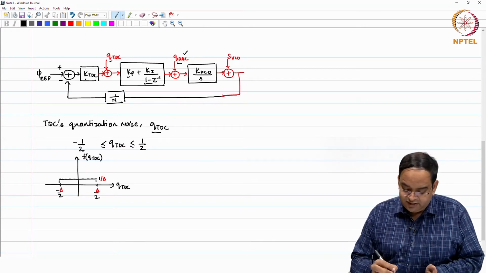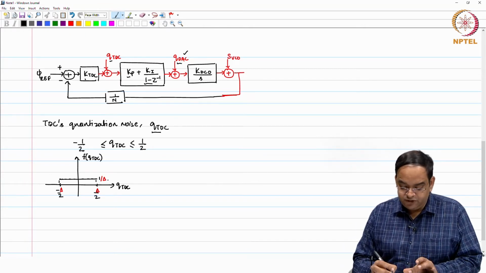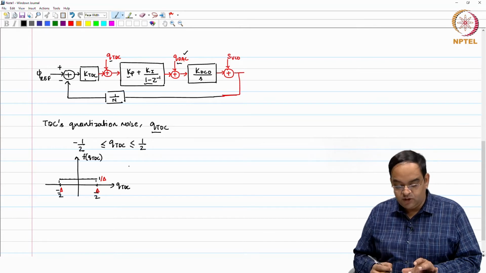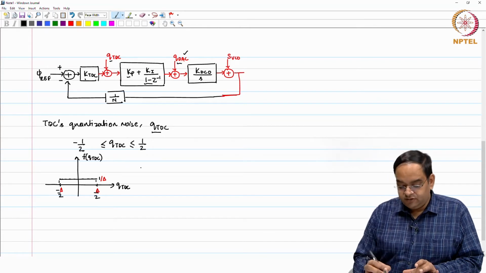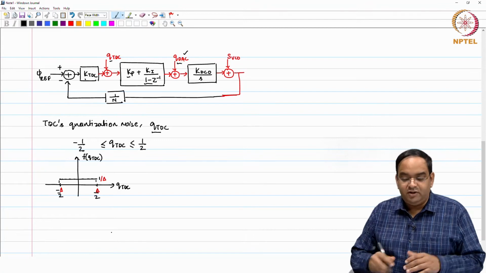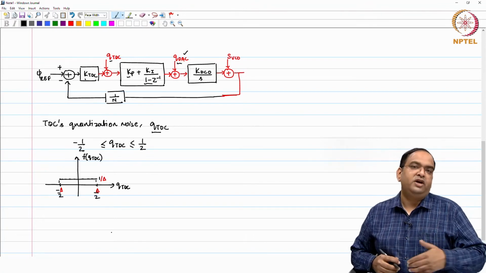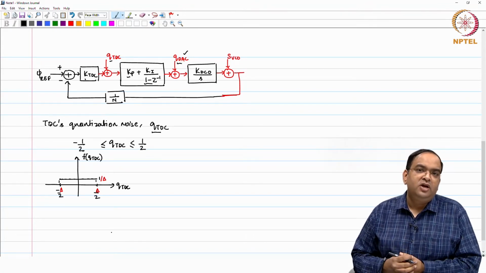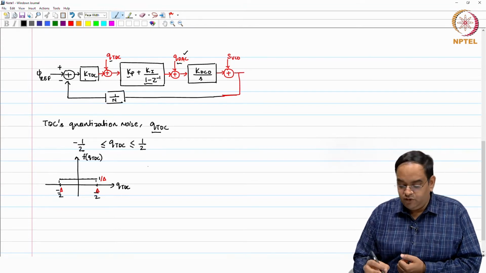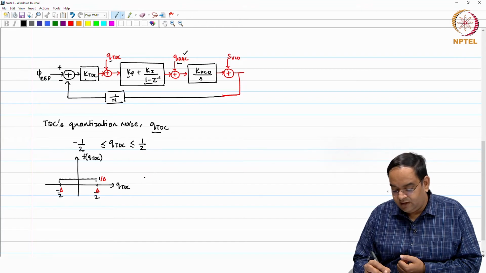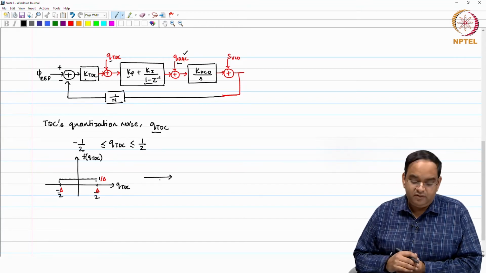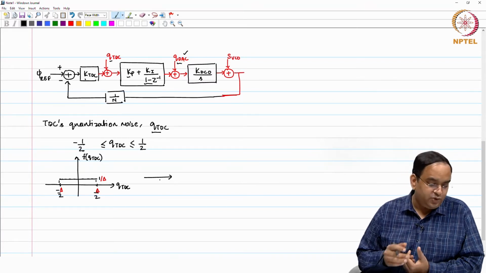Based on this assumption that the distribution function of the quantization noise is like this, if you take the total power over a long period of time, the mean square power will be equal to delta square by 12.